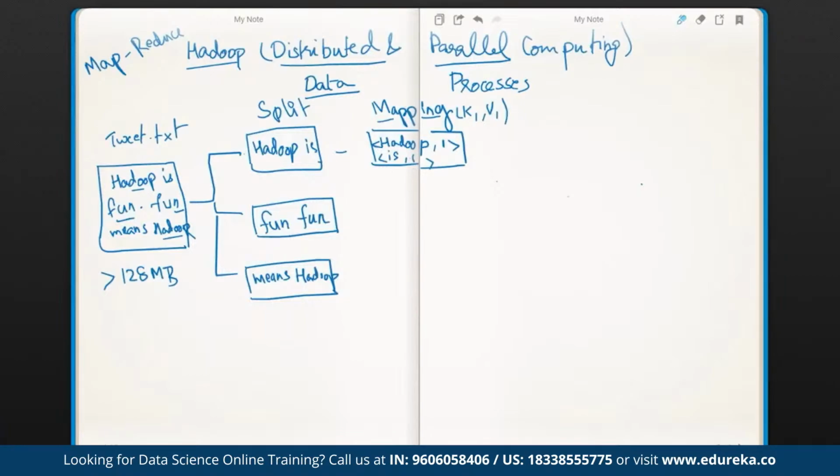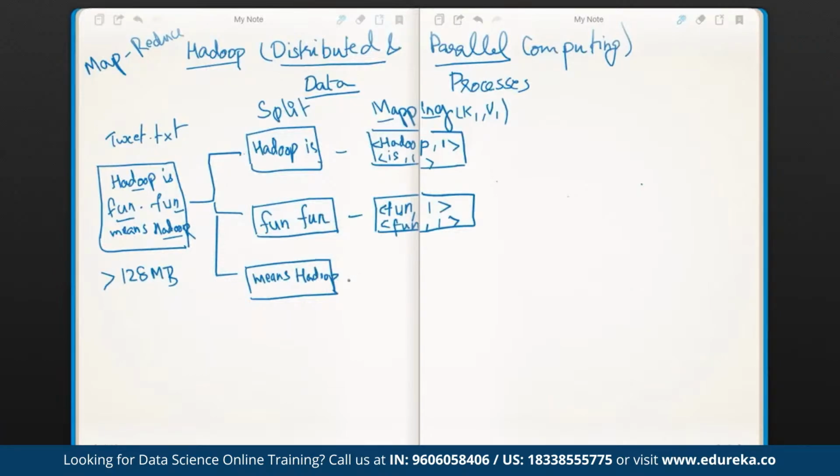The key here is the word, and the value I am associating with this word in this step is 1, which means I am counting this word once. Similarly, the process is repeated here as well. There are once again 2 words fun. I'm appending a value 1 with it, and fun is coming once more, so I'm going to append one more 1 here.